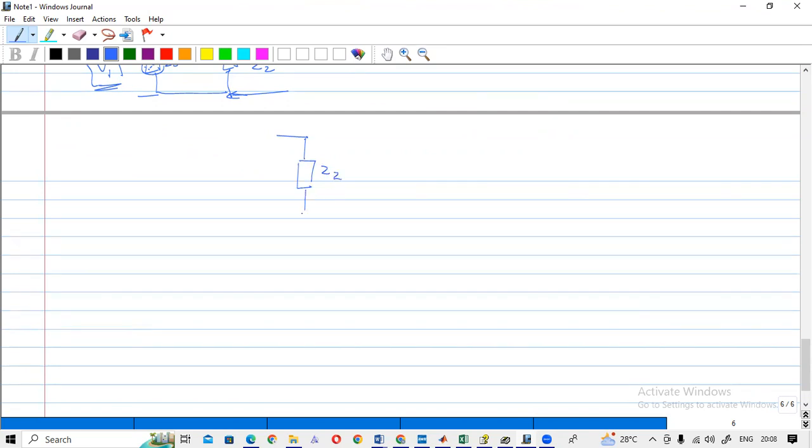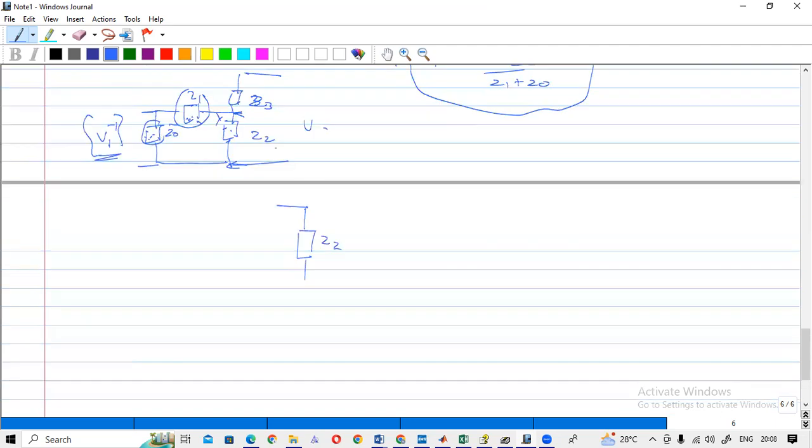This is Z3, sorry, this is Z3, Z2. And here we have Z1 and Z0. It is like this.